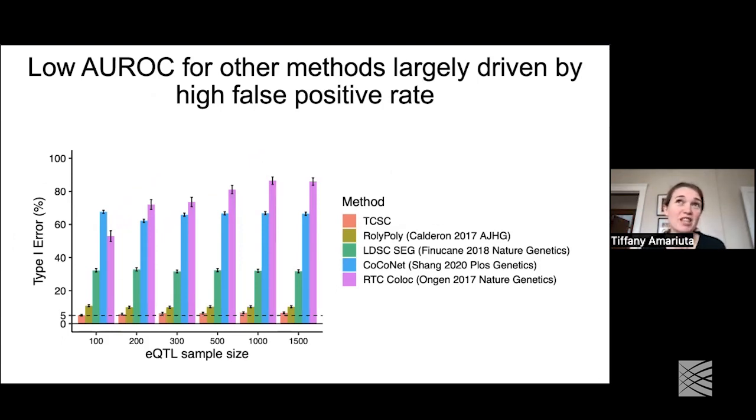That being said, these methods never claim to try to identify putatively causal tissues, so it is a bit of a different test because those are association tests rather than trying to apply causal inference strategies or partition association signal in a multivariate model. But in essence, I think we can attribute the high performance of TCSC to its specificity and ability to really identify tagging tissues from causal tissues.